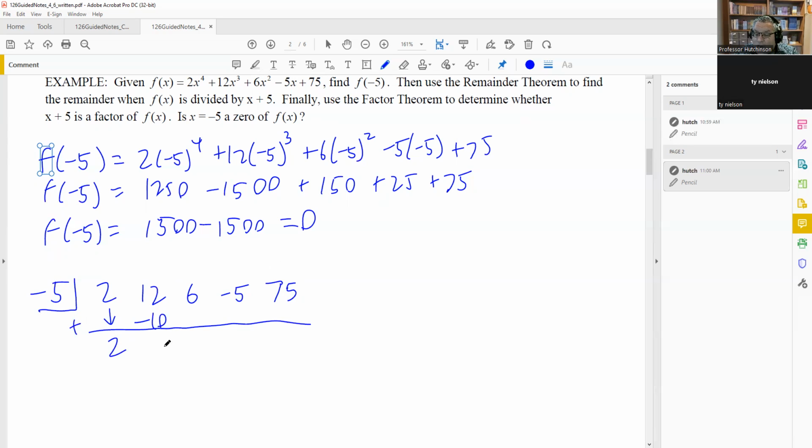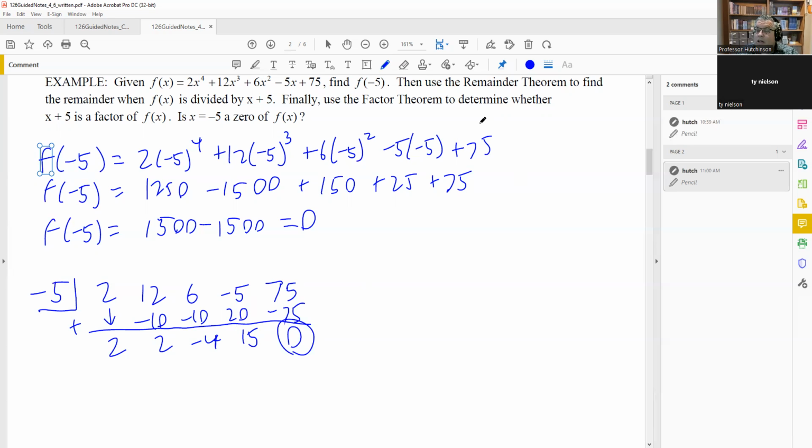If I add that together, I get a 2. 2 times negative 5 again is negative 10. Negative 10 plus 6 is negative 4. Multiply these and put it underneath the next column. I get positive 20. 20 minus 5 is 15. 15 times negative 5 is negative 75. And yes, I do get a remainder of 0.